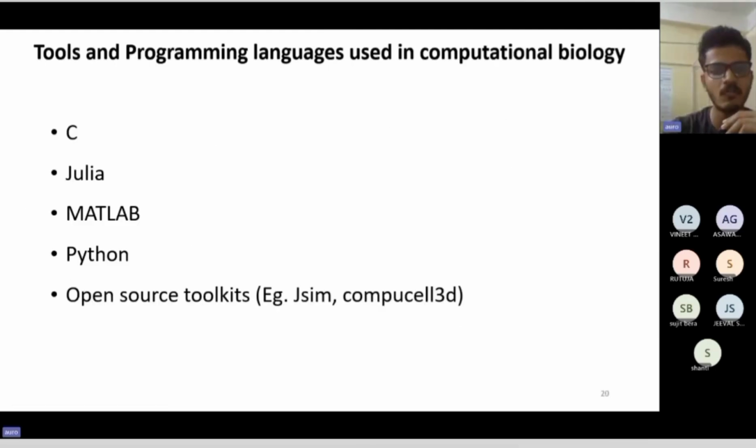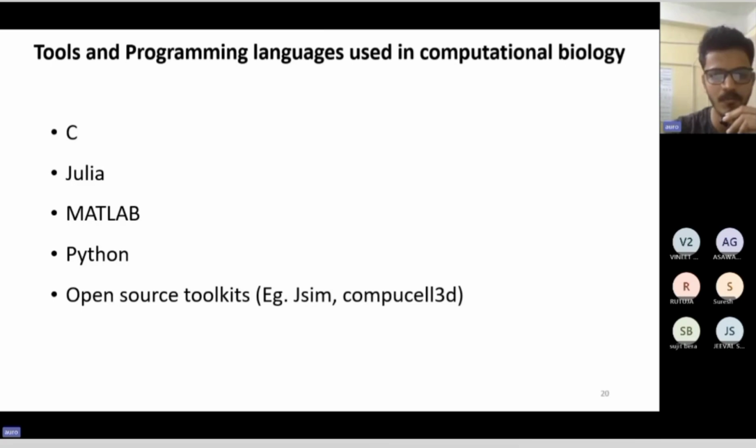So if you want to go into this field, first you have to know some discipline of math and physics. What I showed in the first slide: in math you have to be thorough in calculus, linear algebra, probability and statistics. Graph theory is not mandatory, but if you want to study protein networks and those kinds of networks, you have to know graph theory.